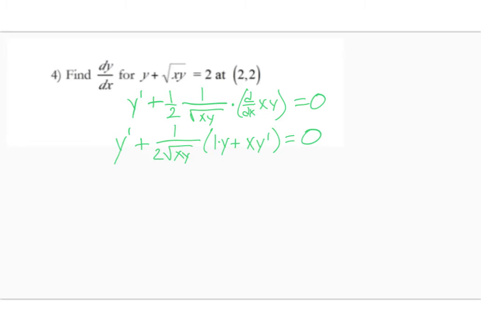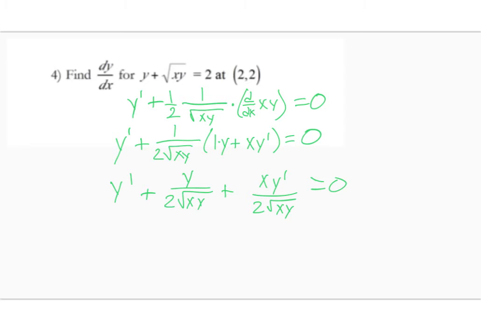I'm going to do some distribution. So we get y prime plus y over 2 times the square root of xy plus xy prime over 2 times the square root of xy. I'm going to set that equal to 0 because I'm keeping that the same.